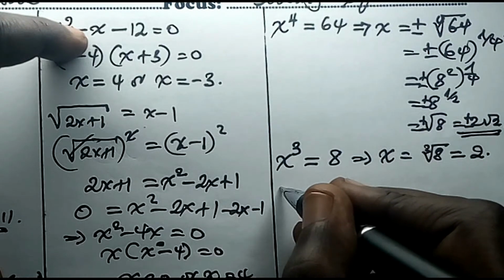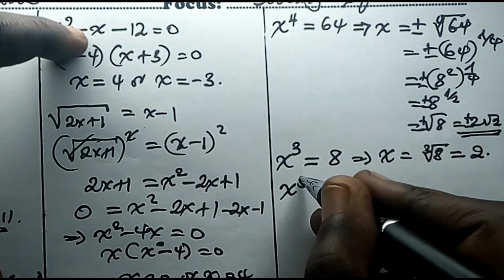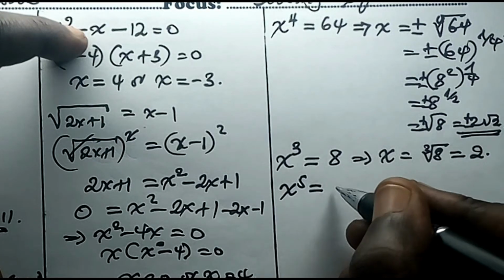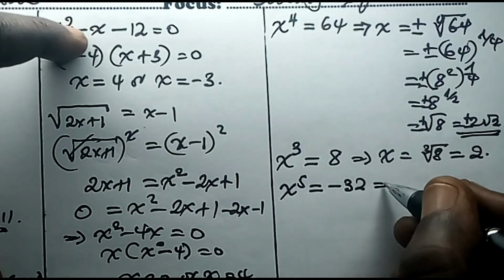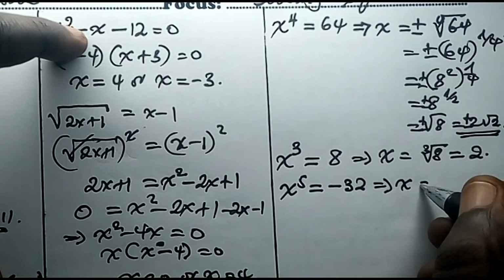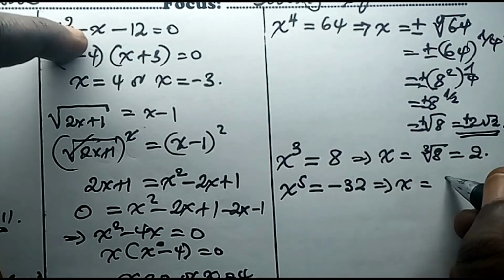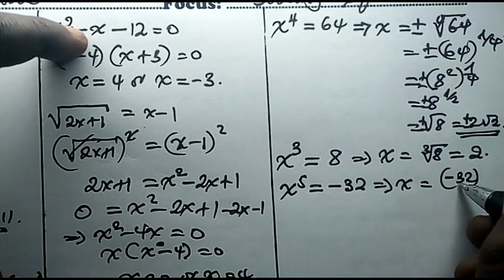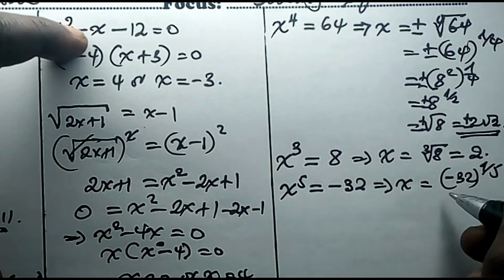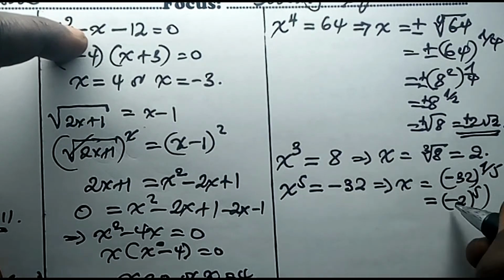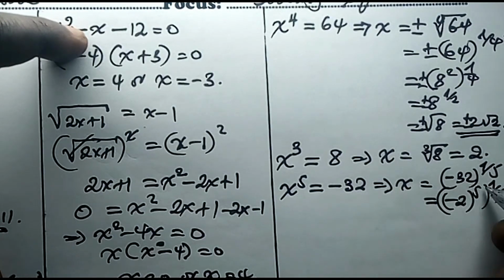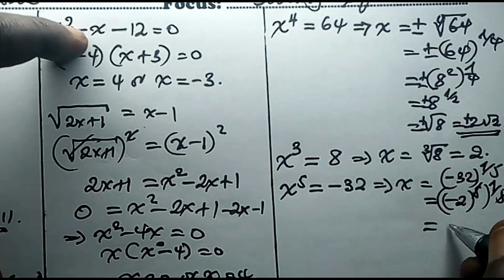If it was x to the fifth, another odd power, equals negative 32, we have that x equals the fifth root of negative 32, which would give us negative 2 to the fifth, all raised to the power 1 over 5. And you end up with negative 2 as the answer.